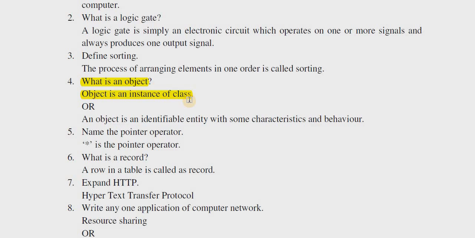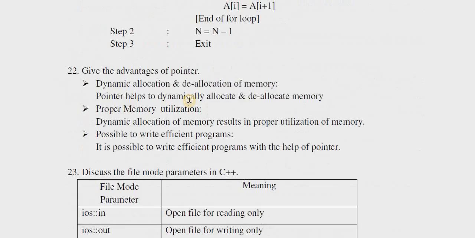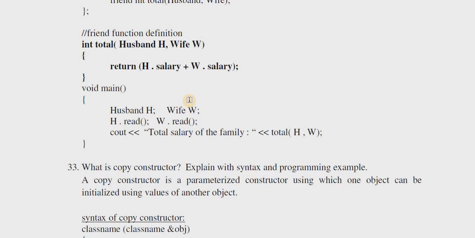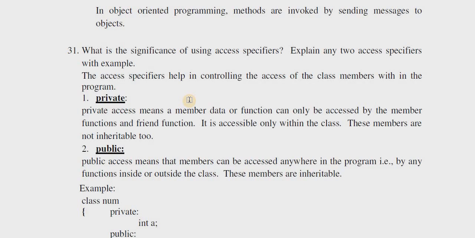Okay, next let us see the 5 marks question. Here the 5 marks question is, what is the significance, significance means importance, what is the significance or importance of using access specifiers?